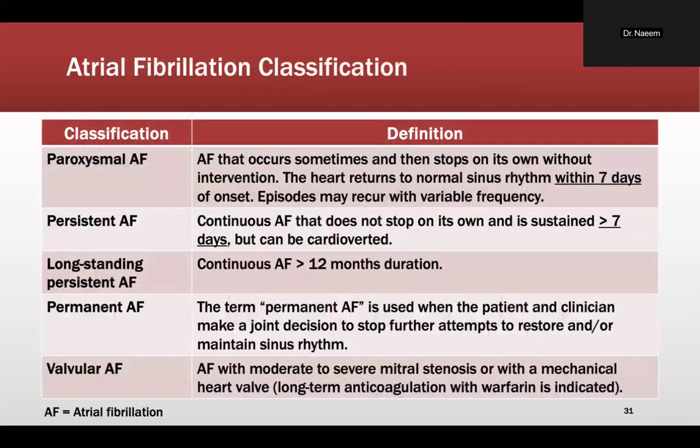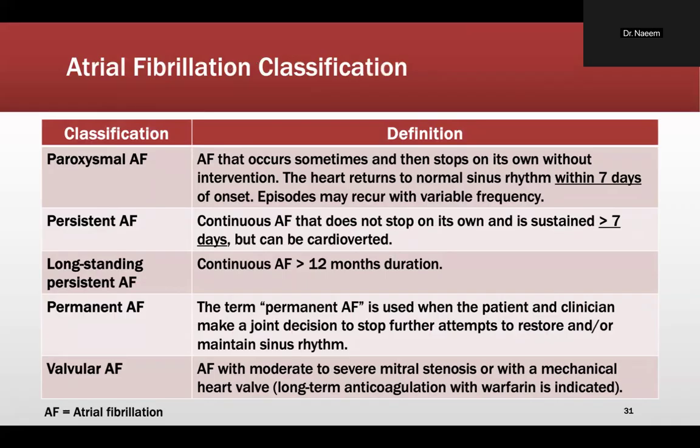And then here are the classifications for the different types of AFib. There's paroxysmal, persistent, long-standing persistent, permanent, and valvular. And they all are unique in their own way. Paroxysmal is one that occurs sometimes and then stops on its own without intervention.